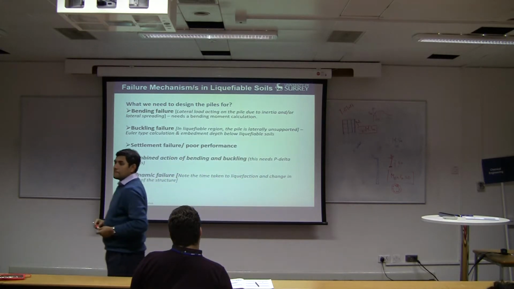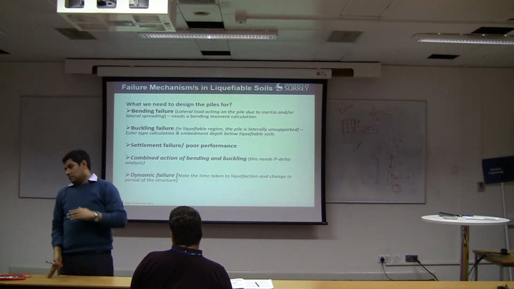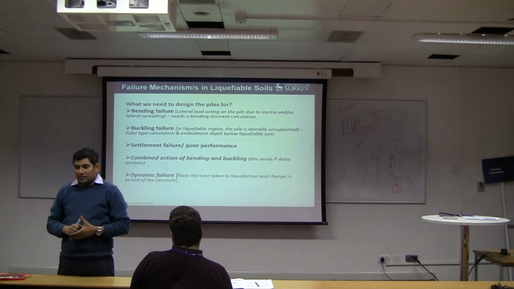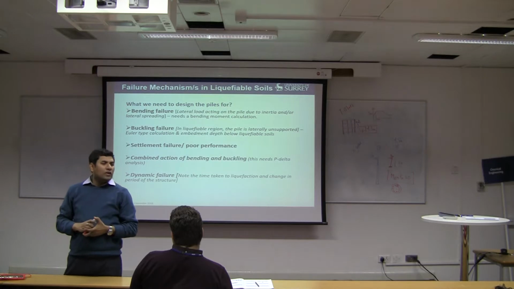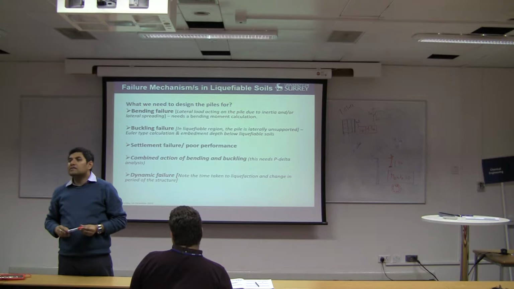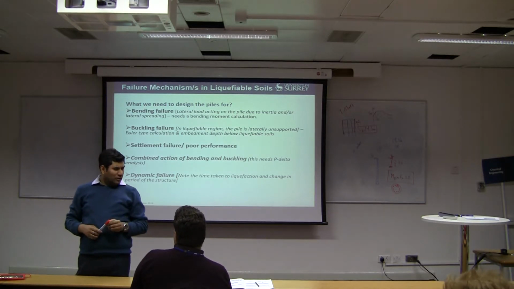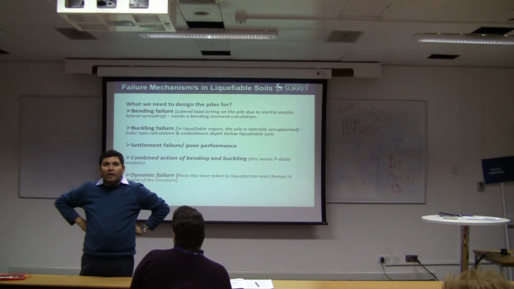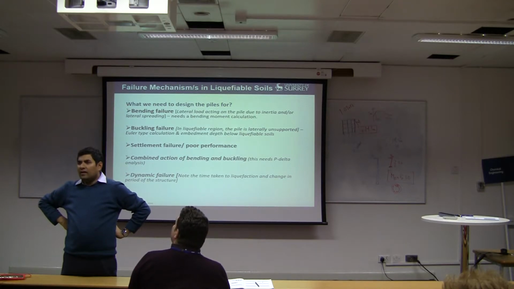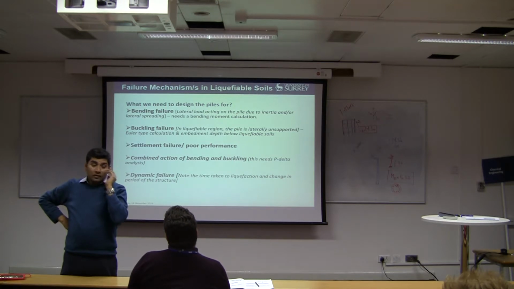What about buckling failure? Suppose you had 10 meters liquefied, and you have a very small diameter pile. What are the pile diameters, roughly? Any idea, those who are designing piles? Normal piles, you don't get such large diameter piles. We normally don't use them. 500, half a meter, 200 mm.